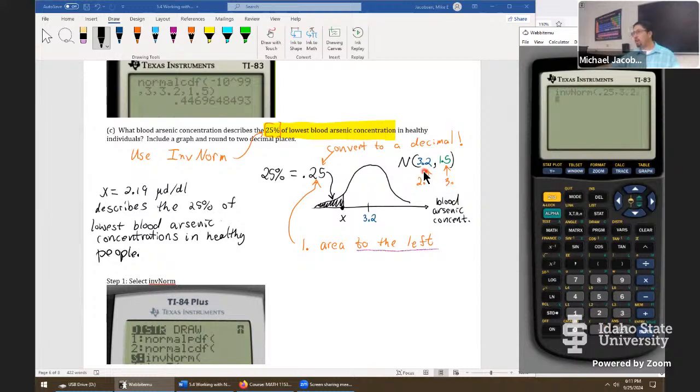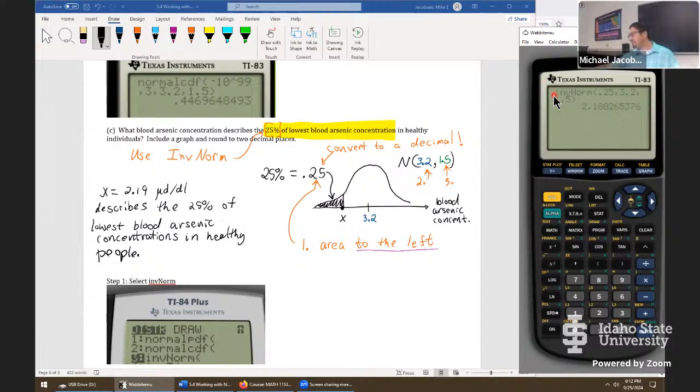Good news is the mean always comes first. The standard deviation always comes last. That's because the people who designed the calculator were probably using that notation themselves, putting in mu, sigma. So lastly is 1.5. Close the parenthesis, hit enter, and you get the same value right out. Well, any questions, folks, with using that calculator there?